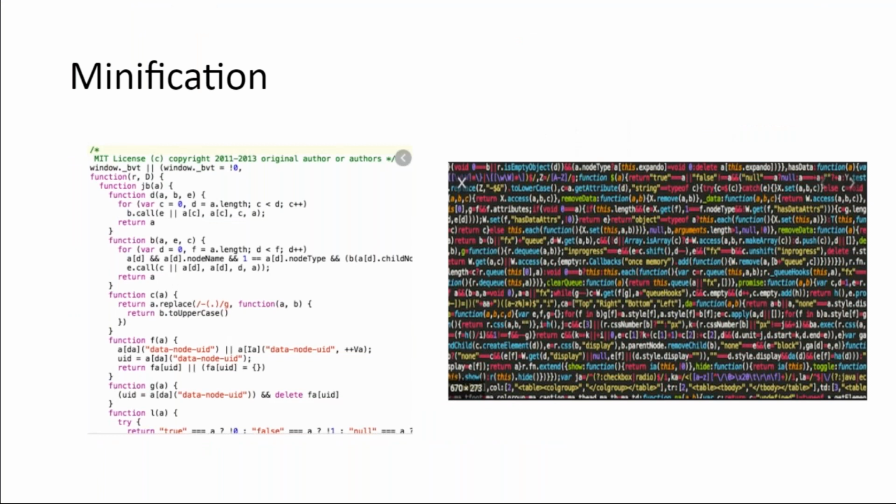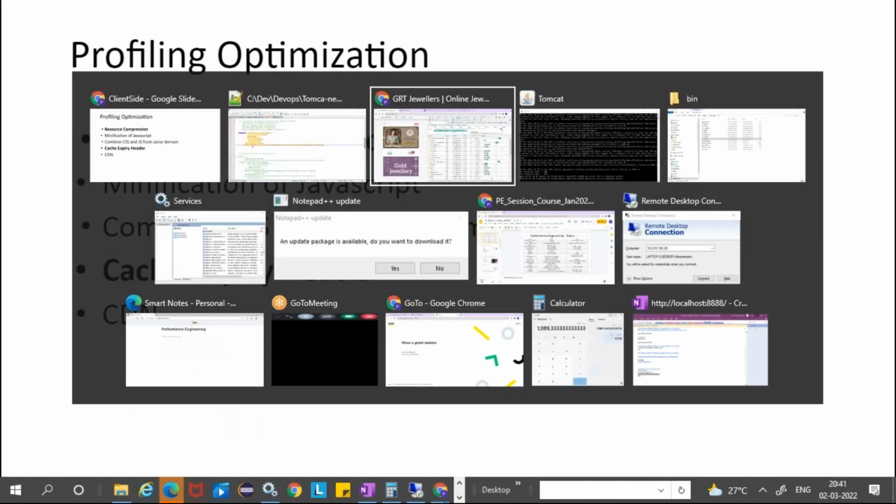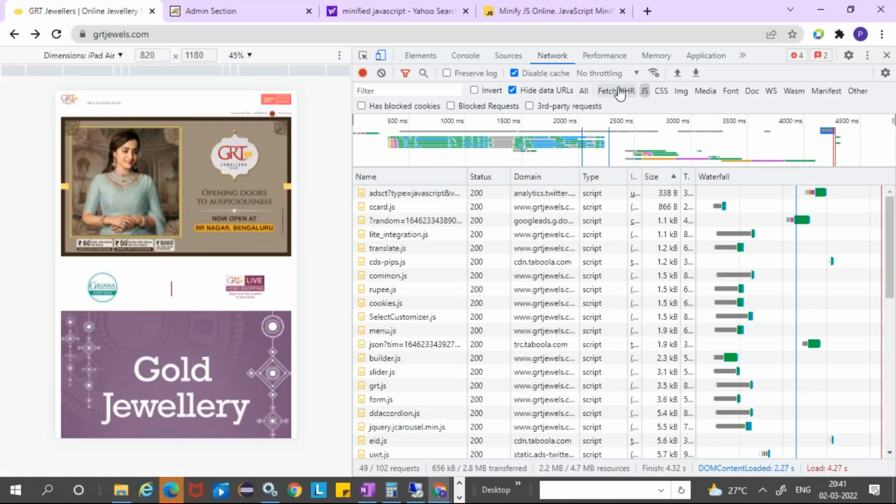All these things you will not be able to prove by saying I have saved 1 second or 1.5 seconds. But if you really want to test these recommendations, you have to test your website under different slow bandwidths. For example, there is something in the developer tool called slow 3G or fast 3G, or you can even give a certain bandwidth and load your page.